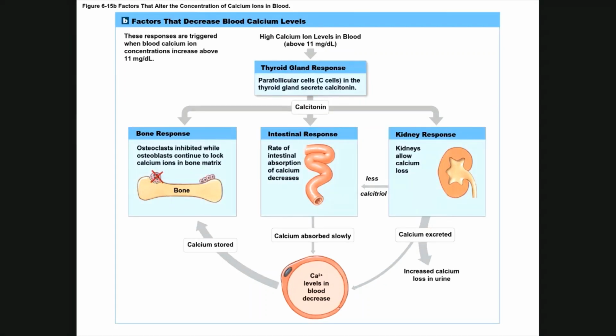On the other hand, the factor that decreases the blood calcium is the opposite, and this hormone should be calcitonin here. Calcitonin works mainly by stimulating osteoblasts to put the calcium into the bone and stimulating the kidney to get rid of it.